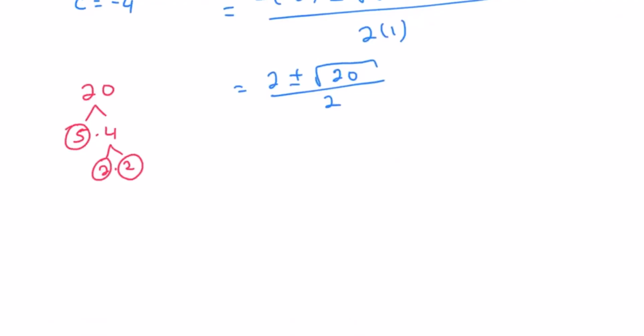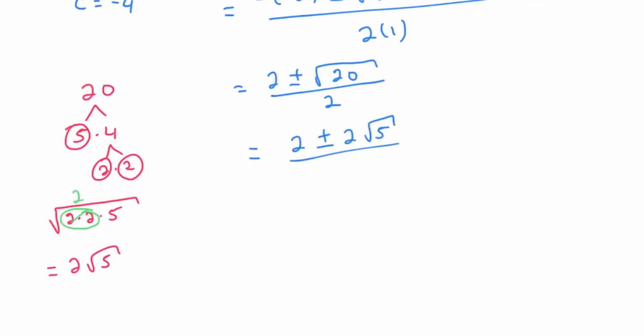So the square root of 20, we have the square root of 2 times 2 times 5. So here we have a pair of 2, so 2 comes out, 5 stays on the inside. So this here is 2 square root of 5. So we have 2 plus or minus 2 square root of 5 over 2.